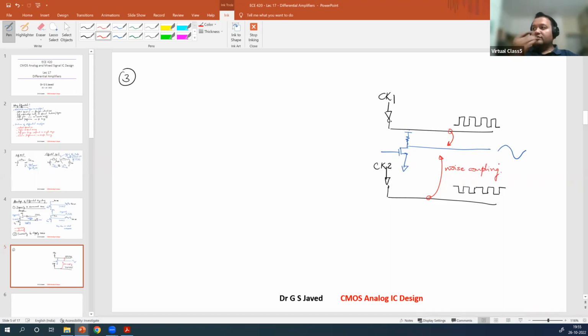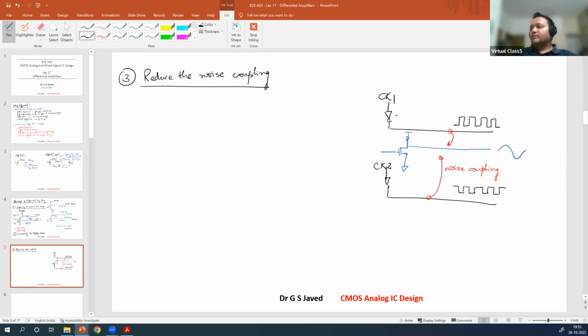Because it is differential, the coupling will be reduced. So you can only reduce the noise coupling. You cannot eliminate it, but you can significantly reduce the noise.